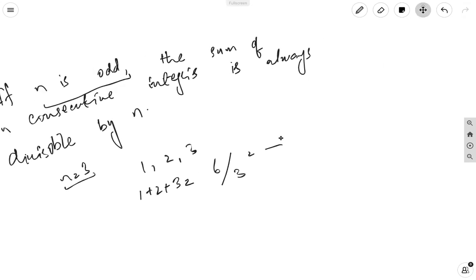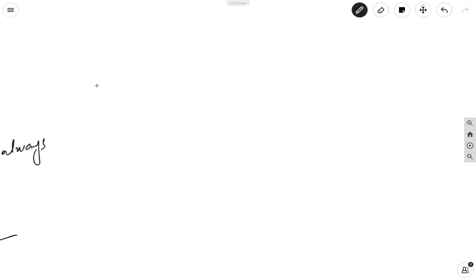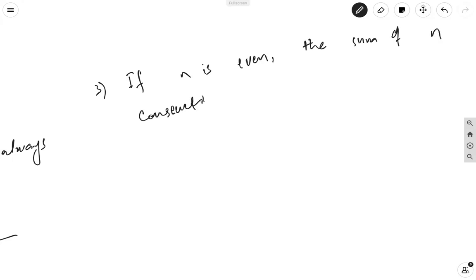Now, if we see the other case, if n is even, the sum of n consecutive integers is never divisible by n.